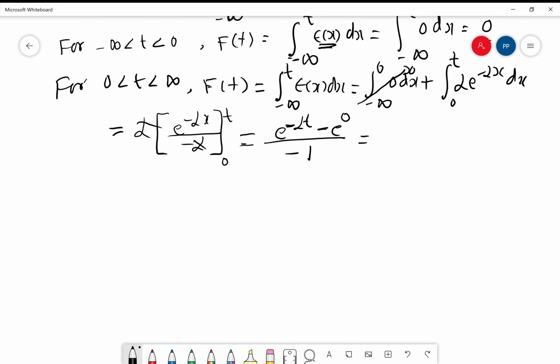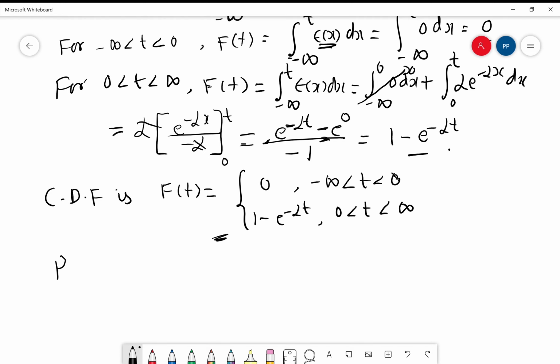Now this is how we can get the CDF. Now is it possible to get the PDF or probability function from the CDF? We have got the CDF from the PDF. Now in the reverse direction, can we get back the PDF from the CDF? We can, and that process is very simple.